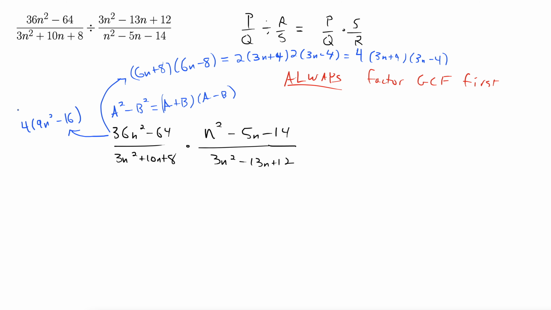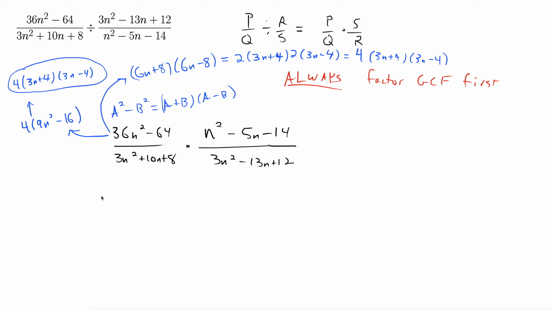Then we can factor those, giving us 4, 3n plus 4, 3n minus 4. That's just a safer way to go, because then we see that we get everything we need, and it works out. So all of that to say, this is how we factor the first term.